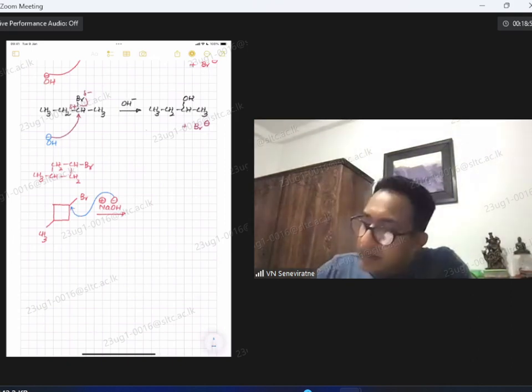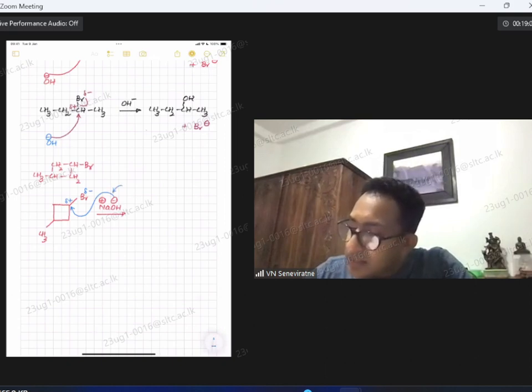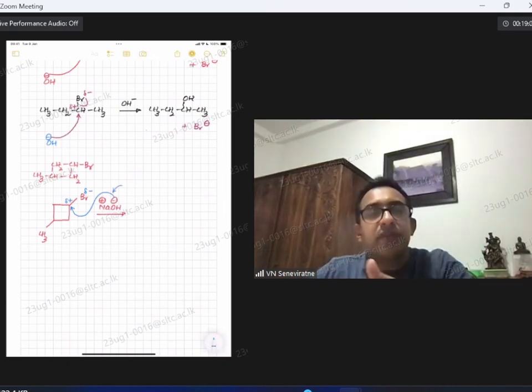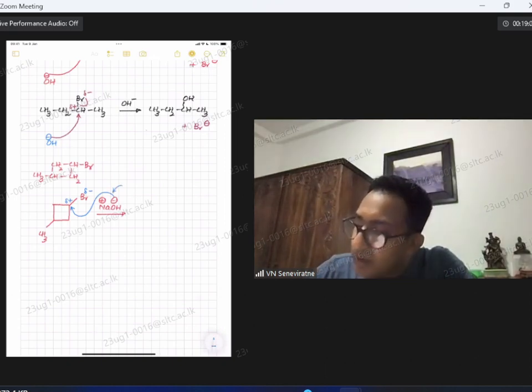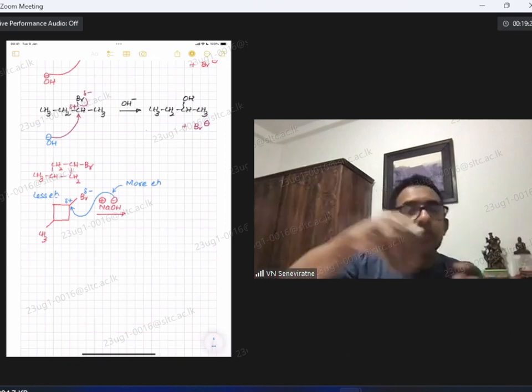So remember, bromine is delta minus, carbon is delta plus. So it should always attack the positive charge. The electrons should begin with the place where you have electrons. This is where you have more electrons, and this is where you have less electrons. So you draw the arrow starting from more electrons to less electrons.